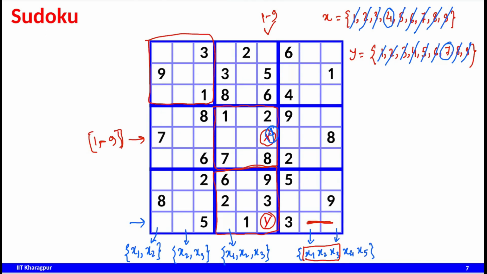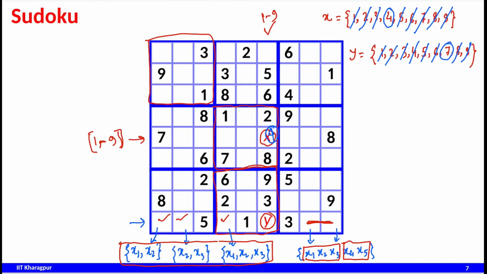Why? Because if you look into these three cells, you have three choices and you have to fill them with three numbers, and the choice range that you have here is exactly 3. So effectively x1, x2, x3 will go into this one, and these two cells can only take value x4 and x5.